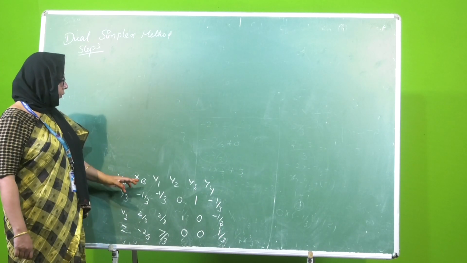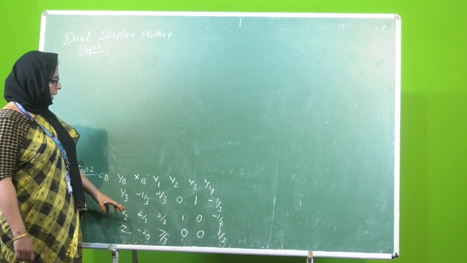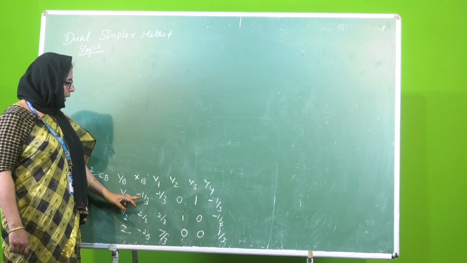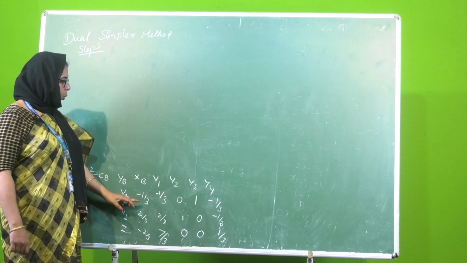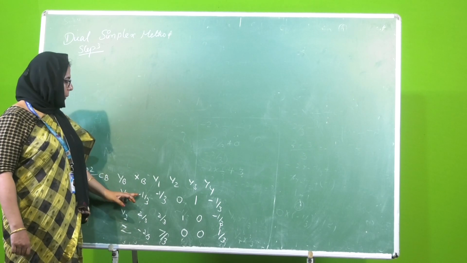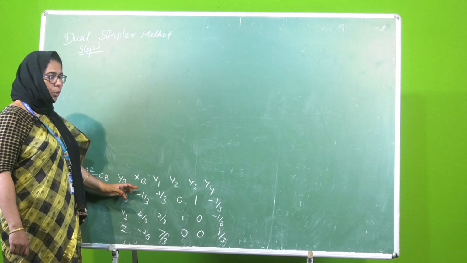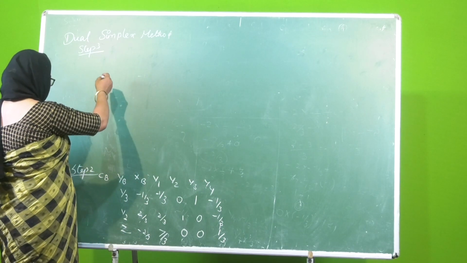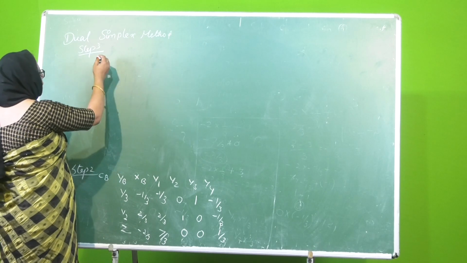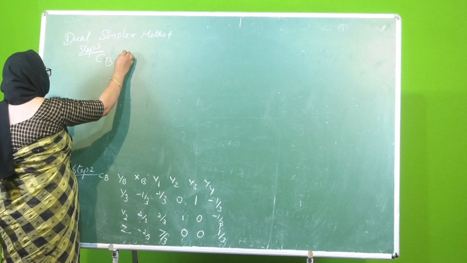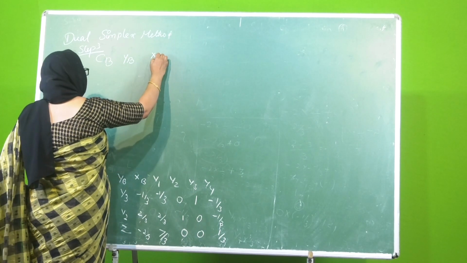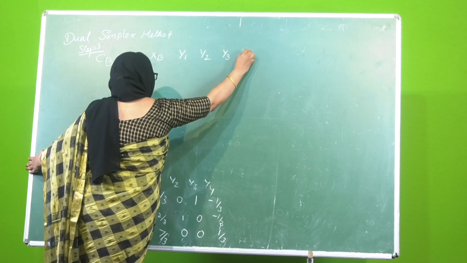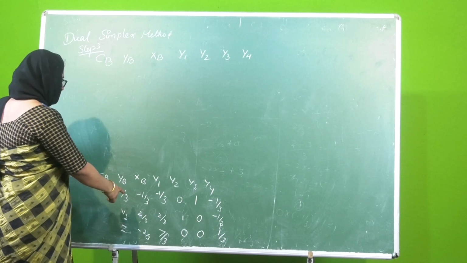Now we have to choose from the xb values by comparing these two values, that is -1 by 3 and 2 by 3. Which one is the most negative or least negative? -1 by 3 is the most negative. So you have to choose the y3 row in the next step, step 3, that is iterative tabular column 3, with columns CB, YB, XB, Y1, Y2, Y3 and Y4.